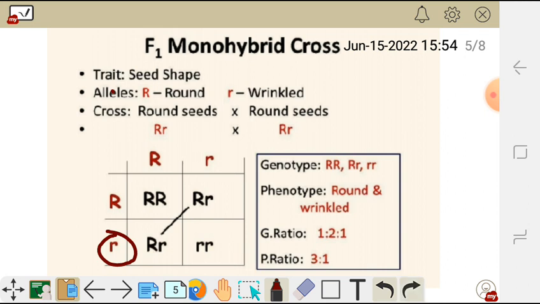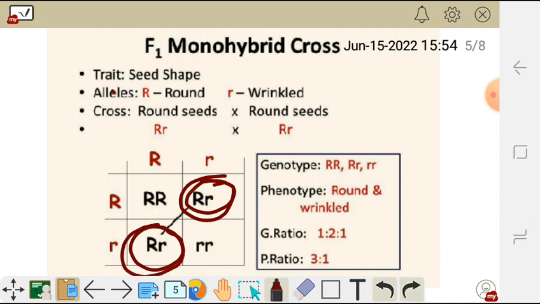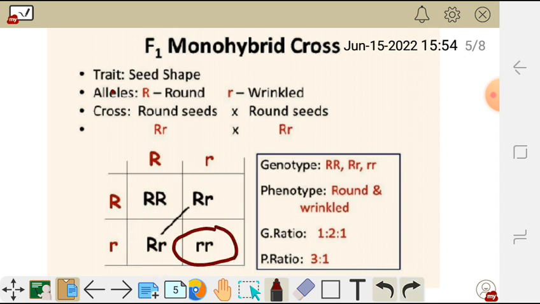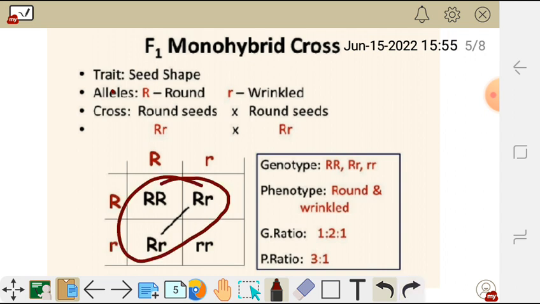So this is what Mendel did, and he found that these three offspring are all round, because here it is homozygous dominant and here it is heterozygous, meaning these are round and that one is round. But for this one, since we do not have a dominant round allele, it is a wrinkled seed. So we found all three were round, but the other one is wrinkled.